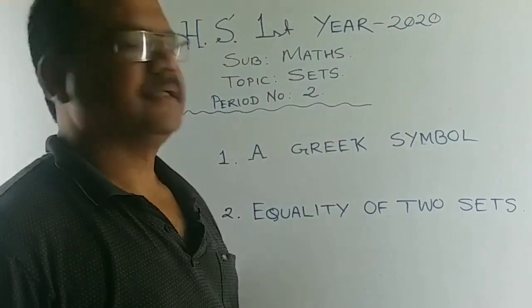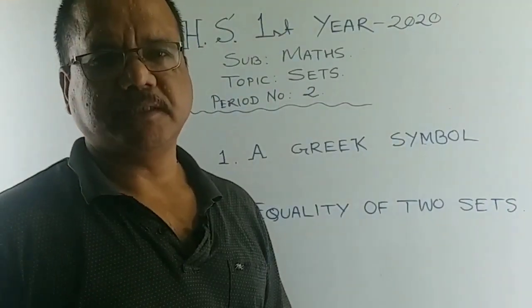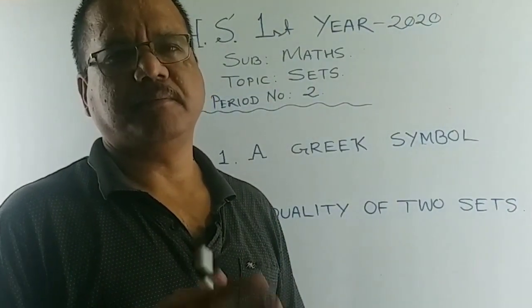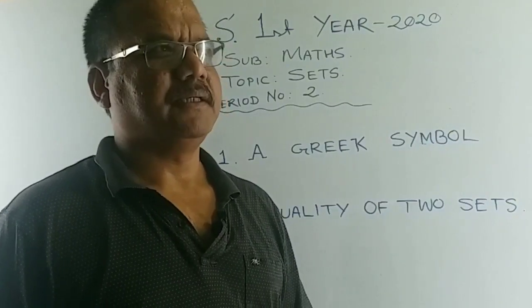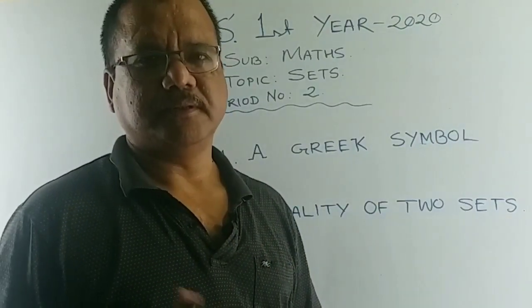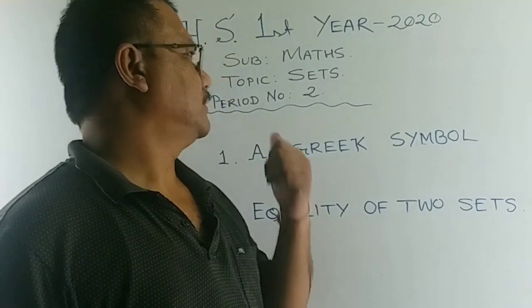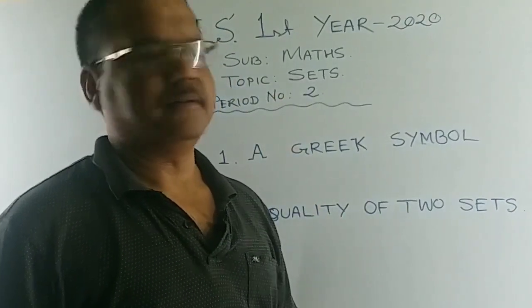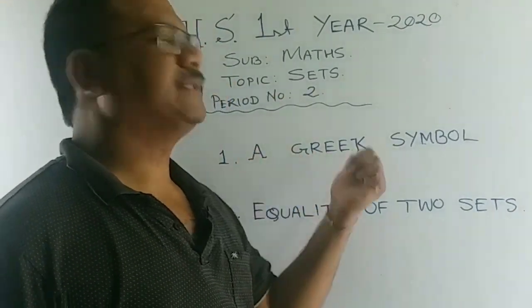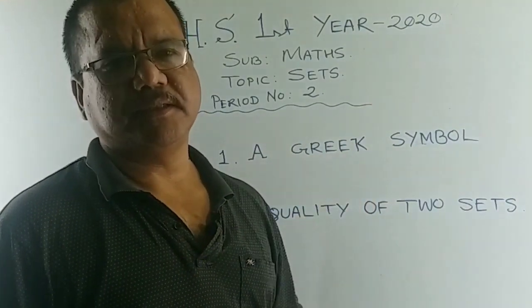In the previous class we discussed sets, their definition, the properties of their elements and how to express them. Today, in this second period, we are going to discuss a Greek symbol. This is a very interesting symbol.